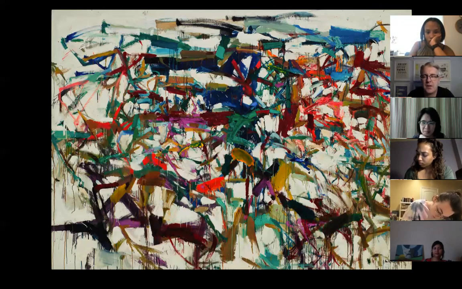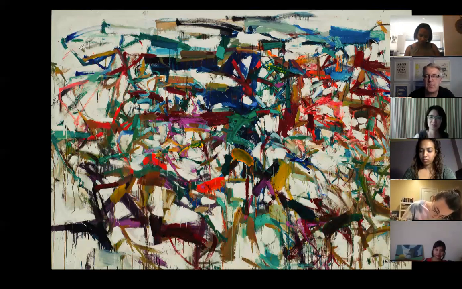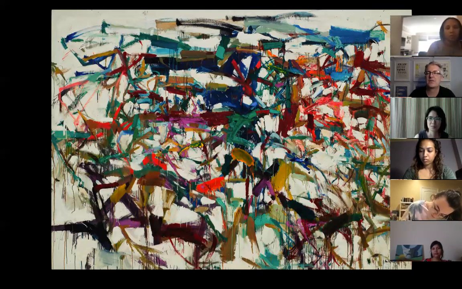And it was a period when artists were making paintings that were intended to provide an experience. It was a time when artists thought that the role of art was to provide an elevated psychological, emotional, spiritual experience for the viewer. And they were very pointedly thinking about their work as being an alternative to mass culture.